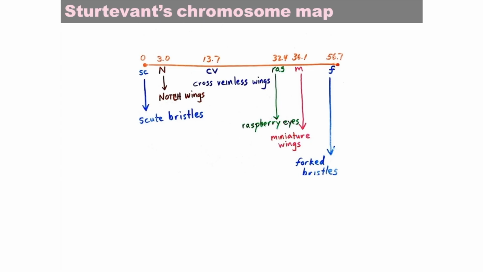We did this experiment, got this distance. Same gene with another one, we got another distance. Now, how do we figure out which relative position they're on? And he did this methodically over and over, looking at the data that they had already obtained. Scoot bristles, then notch wings, then cross-veinless has to be here, then raspberry eyes. Those are notch, cross-veinless, and raspberry, we already saw. Miniature wings, forked bristles.